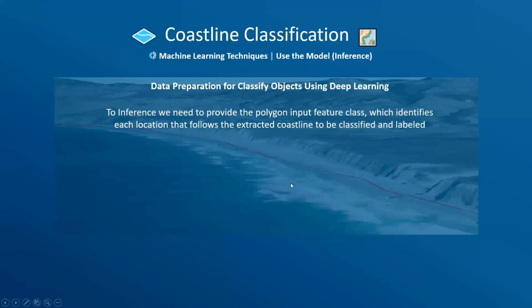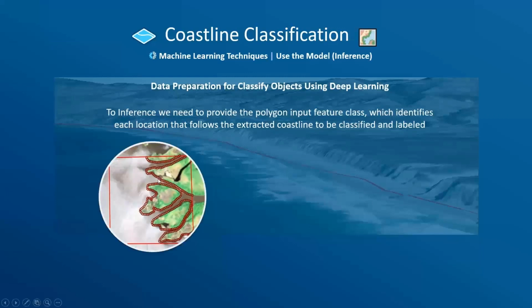This is one of the important steps. If you see the image here, the extracted coastline needs to have rectangles following it, which will help us classify each rectangle area. We can label what the classification of that coastline is.